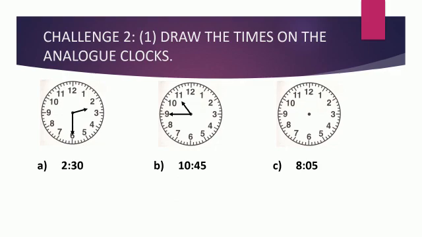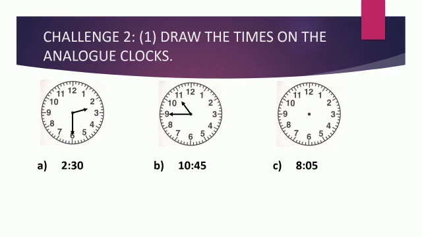You will draw small hand away from 10 because about 11 o'clock will be coming. After 15 minutes it will be 11 o'clock. So you will draw small hand away from 10 and long hand will be on 9. It will be 45 minutes. When you draw long hand on 9, it means that there are 45 minutes, and you will draw small hand like this. It will be 10:45.